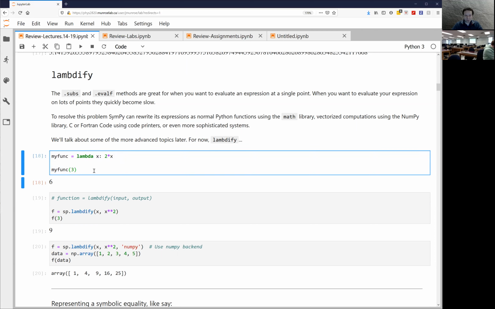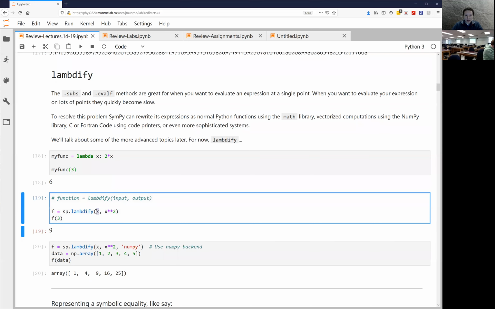To lambdify something, you take the arguments, everything that goes into the function, and you give it the expression, what the function represents, and what it gives you back is a function. One of the things we saw in some of the labs and assignments is lambdify can take many arguments. It can not just take x, but it could take x1, x2, y1, y2, all the way through. These lambdifications are useful for setting up a problem numerically or symbolically, so you can then solve it numerically.